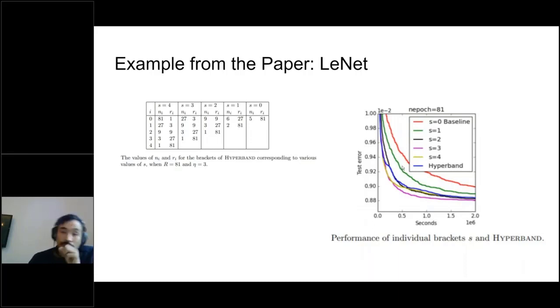And as you can see, the test error reaches a very low value. Well, the worst one was bracket number 1 here, almost at the end. But at the same time, you can see that the test error got very low with a few seconds of training, or less than random search.